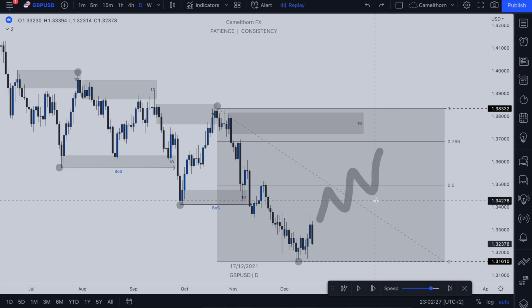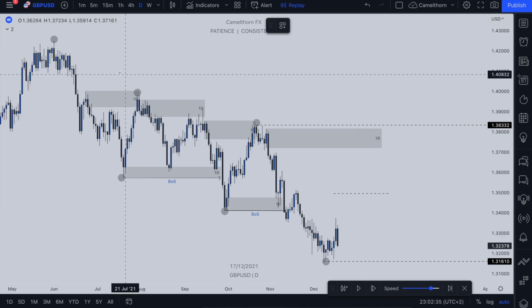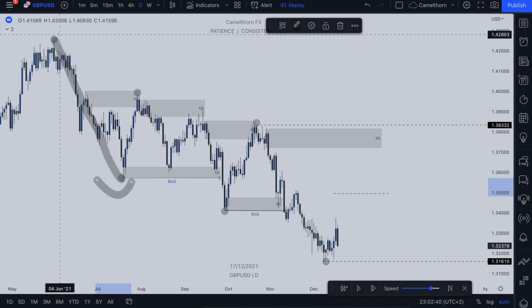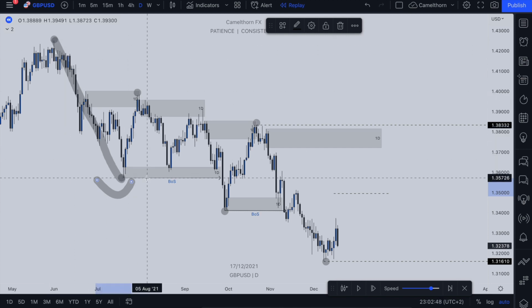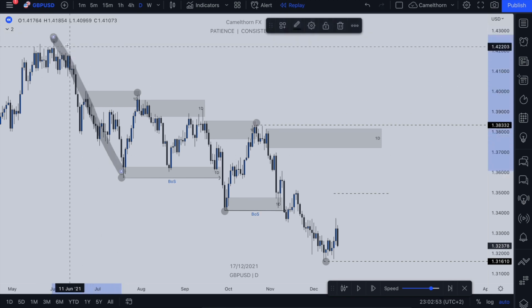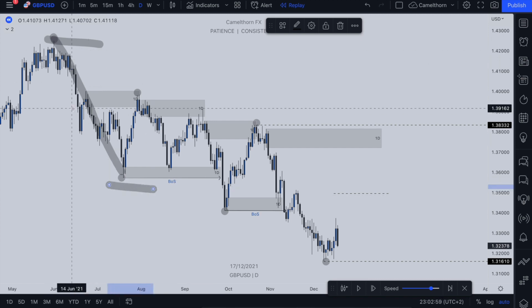All right, now going back to what we're talking about when we're talking about impulses and corrections, notice how this is going to be referred to as a bearish impulse, because we go from 1.425 and we drop to 1.357. So notice how this period of price action has taken price from a higher price to a lower price. So that is now a bearish impulse.